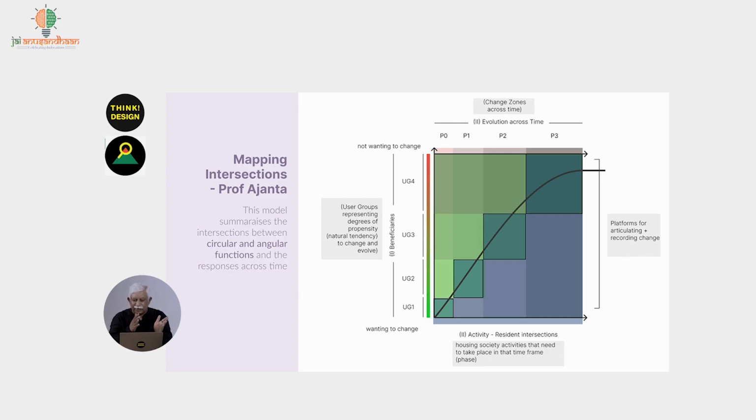So these are changes that you make to adopt sustainable practices across a period of time. So that means you need to have some activities in these phases, and then you need to probably think of a platform to articulate and record these changes, so the people see a benefit in adopting this method. This diagram served as a framework for conceiving of what next to do.